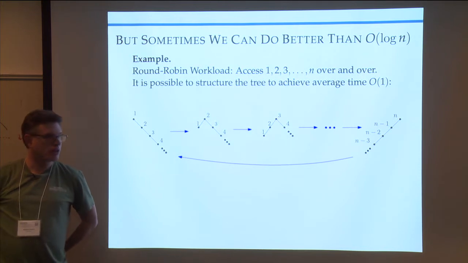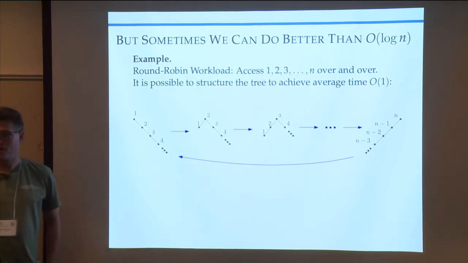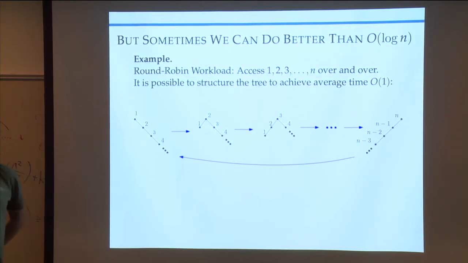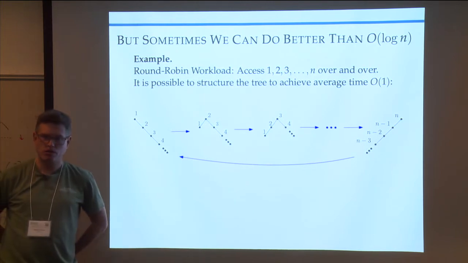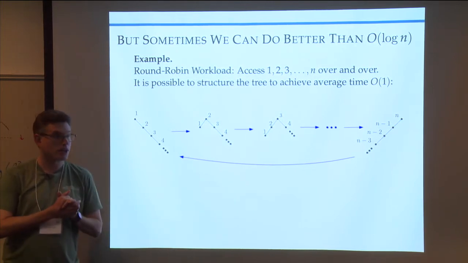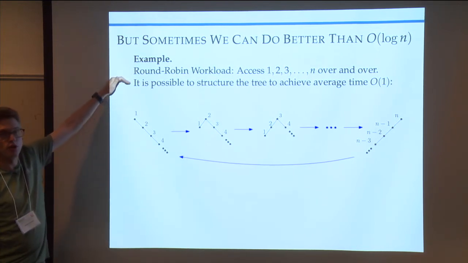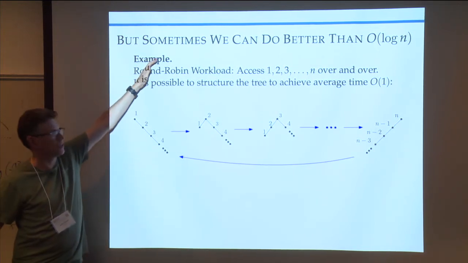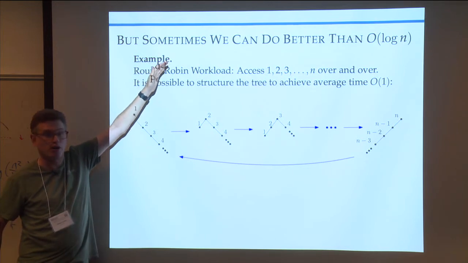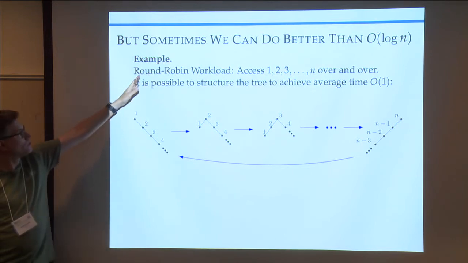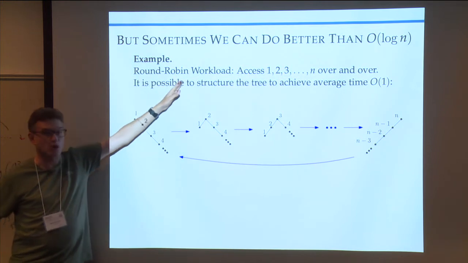But very early on, people observed that for some workloads, we can do much better than log per operation. And here's a simple example showing where you can have a data structure that adapts to some workload so that it can do better. So say we have a round-robin workload.